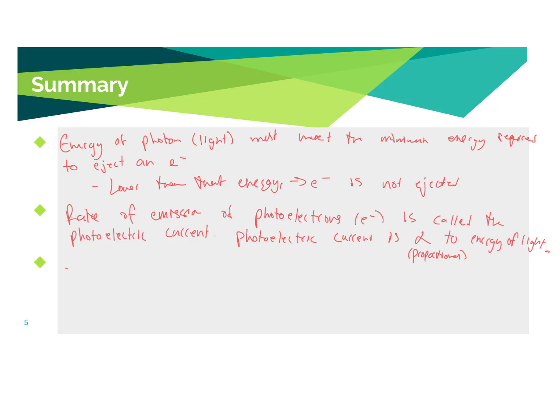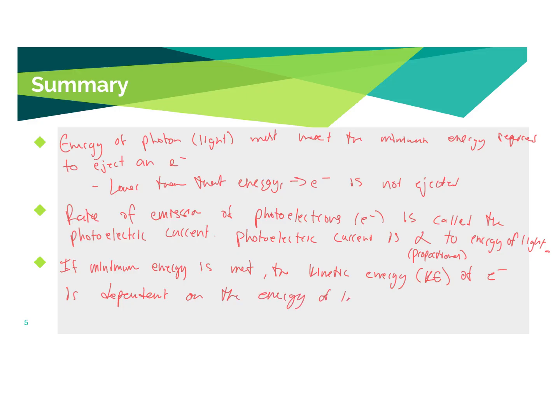The last point I want to make here is that if the minimum energy is met, in other words, you have enough energy to eject an electron from an orbital, the kinetic energy, or KE, of the electron is dependent on the energy of the light.